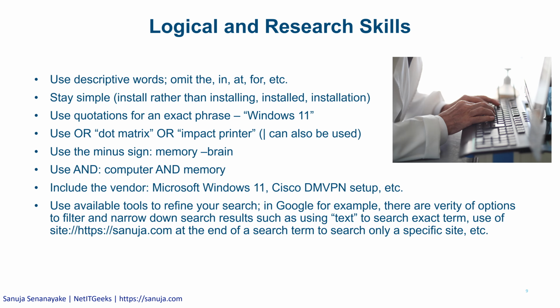For example, you could say something like network drive disconnecting, instead of saying network drive disconnecting at random times, which is way too wordy. Random disconnection is good enough. So stay simple.